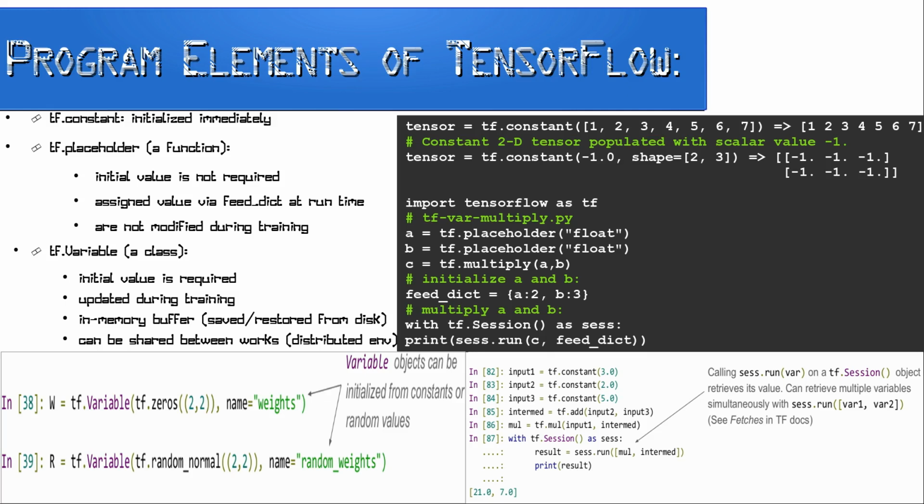Now we move to the TensorFlow placeholder, another programming element of TensorFlow. tf.placeholder is a function where an initial value is not required; we assign the value via feed_dict at runtime. tf.placeholder values are not modified during training.